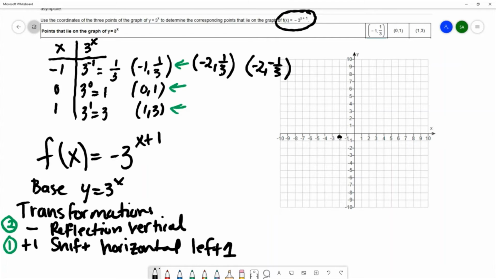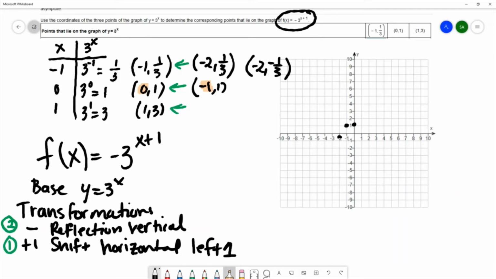For the next point, we start at 0, 1. The first transformation shifts to the left 1. The x-coordinate changed to be negative 1. Taking the original coordinate and subtracting 1 gives me negative 1. The y-coordinate stays the same.